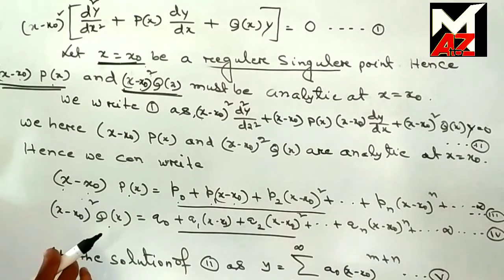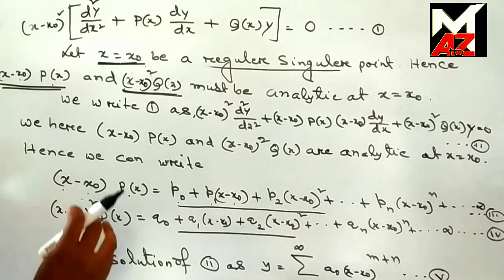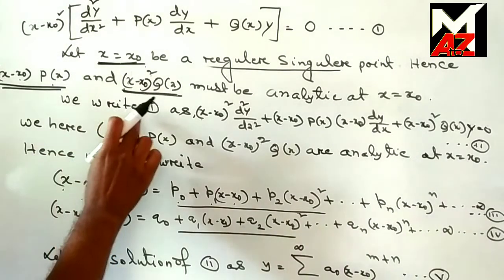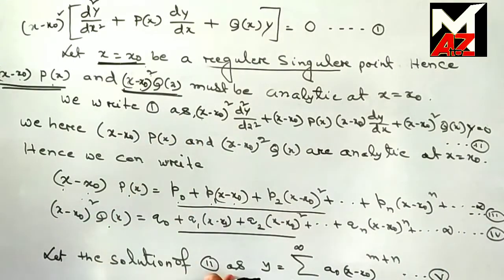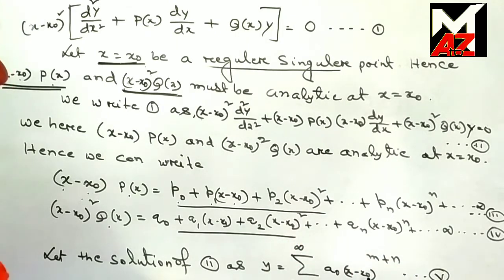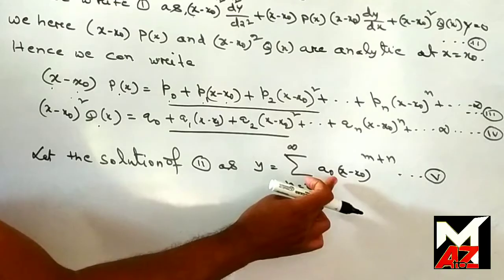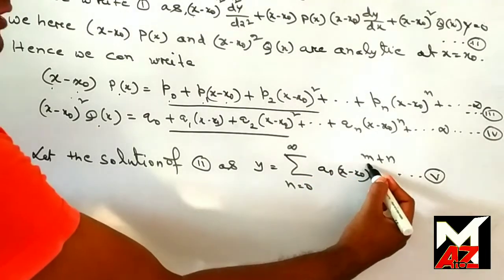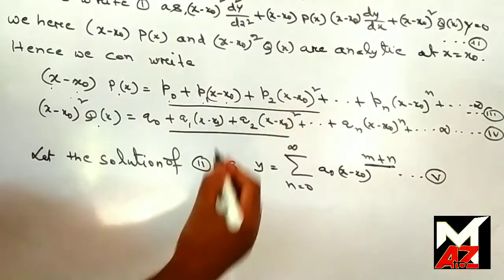Now let the solution of 2 be y equal to summation n equal to 0 to infinity a_n into x minus x0 whole to the power m plus n. This is 5. Here this is very important to remember.